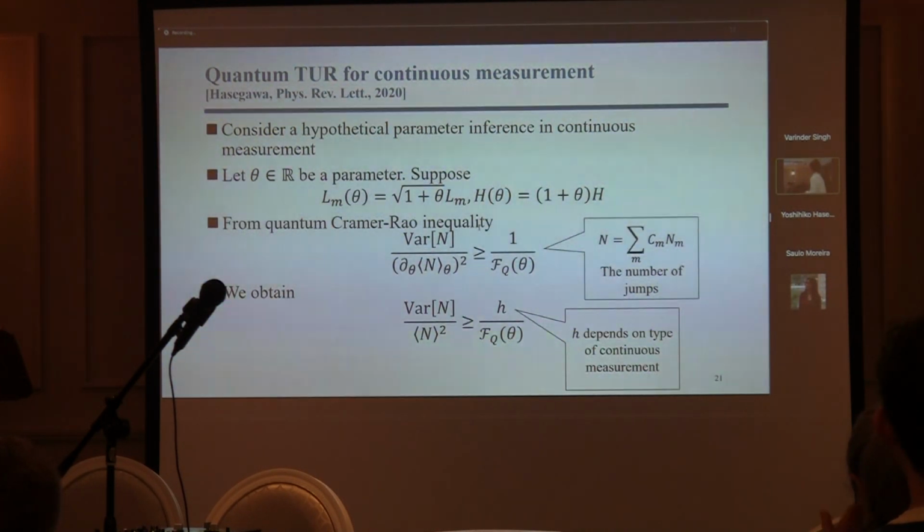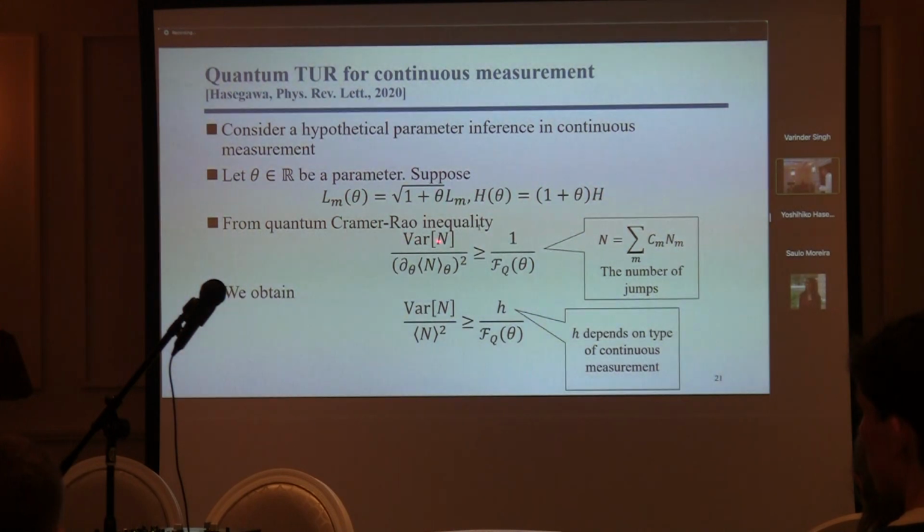So by using the quantum Cramér-Rao inequality, it is possible to obtain quantum TUR, which holds for the steady state case. So we have some hypothetical parameter theta and parameterize the Lindblad jump operator and Hamiltonian as this one. And with this parameterization, the system speed is faster than the original dynamics by 1 plus theta.